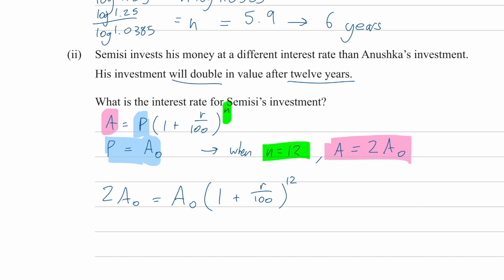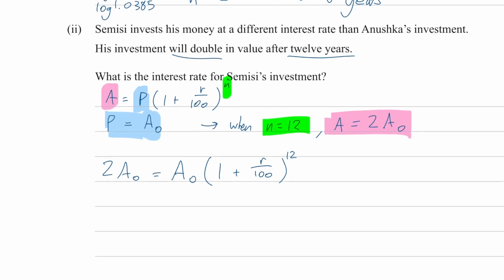All right, do you see what's going to happen now? We can divide both sides by A0, which effectively cancels out that unknown. So we don't actually need to know how much Semesi invested initially. We just needed to know that after 12 years, it will double. So we're left with 2 equals 1 plus R over 100 to the power of 12.